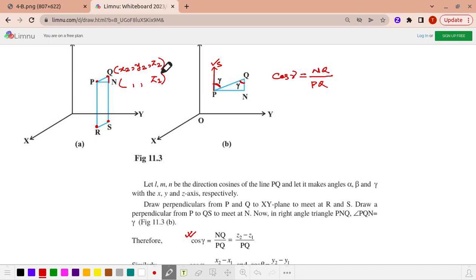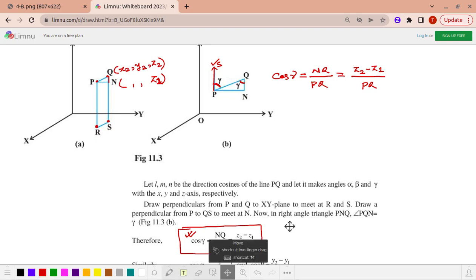Let's not get confused about the x and y coordinates, which are not required here. So our point is to find the value QN, that is the difference z2 minus z1. In simple terms, cos gamma is z2 minus z1 divided by PQ, correct? That is what is mentioned here: cos gamma equals z2 minus z1 by PQ.